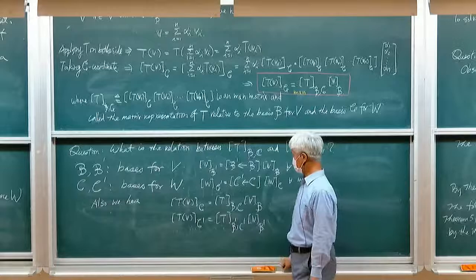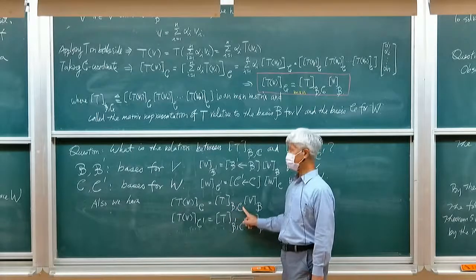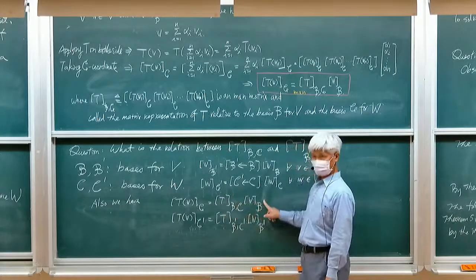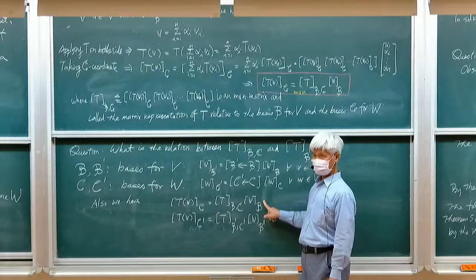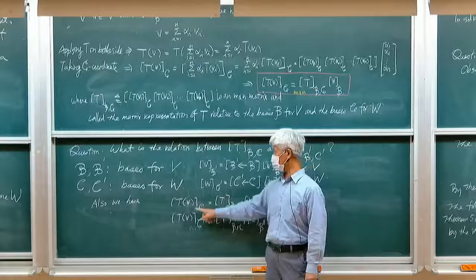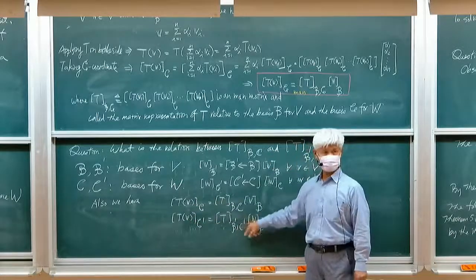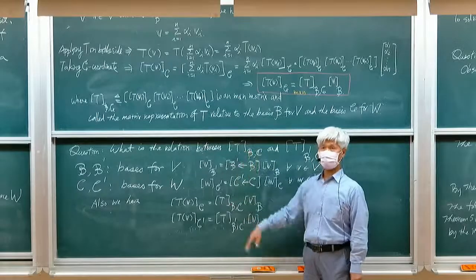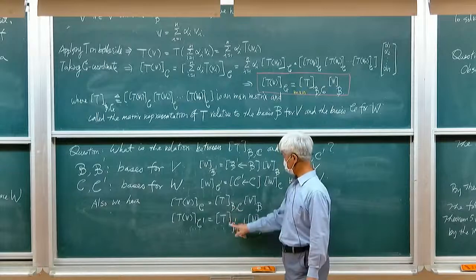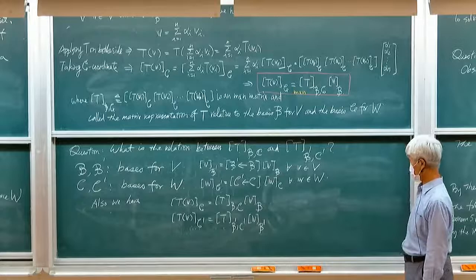So if we select B as a basis for the domain and C as a basis for the codomain, then we have this matrix representation. And the B coordinate vectors are transformed by this matrix representation to the C coordinate vector of the image of V here. And similarly in here. So we have all this data up to now. So now we want to know the relation between these two.